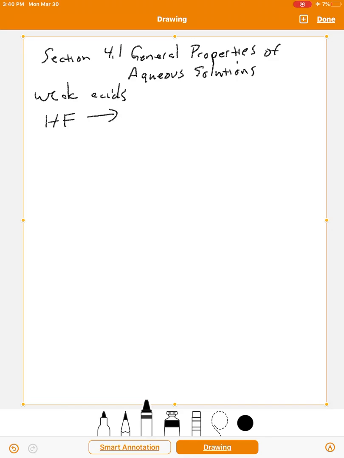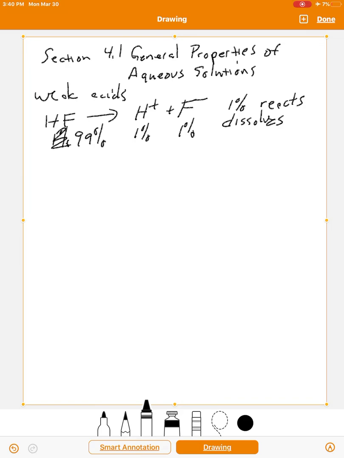Now, if you were to look at the equation, it looks the same, but only about 1% reacts or dissolves. So you get 1% this, 1% that, 99% is this. So only a little bit of it actually dissolves and forms H plus and F minus.